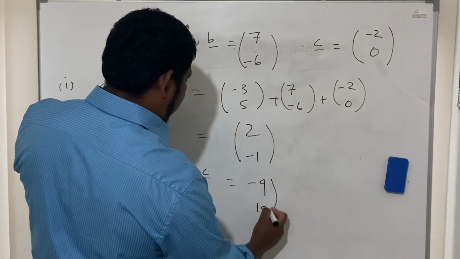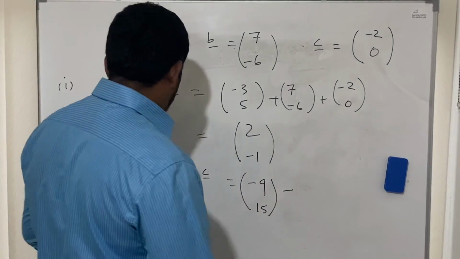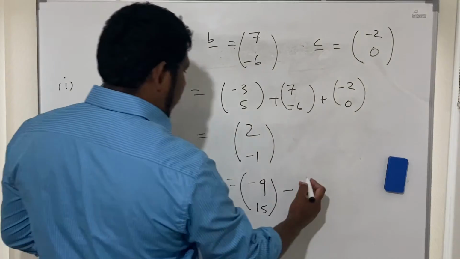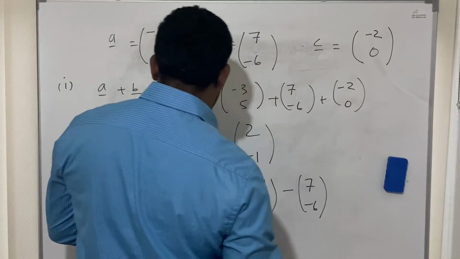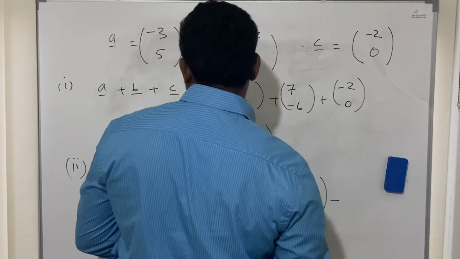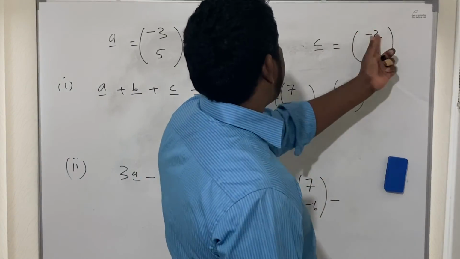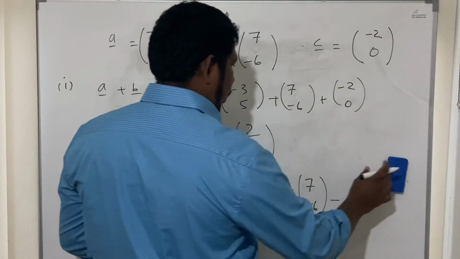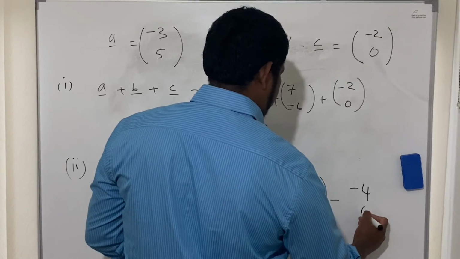This is the vector 3A, and minus vector B, just write it down, and minus 2C. So we're going to multiply this vector by 2, so it's going to be -4, 0.